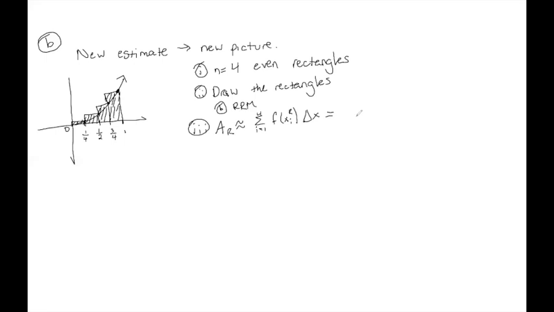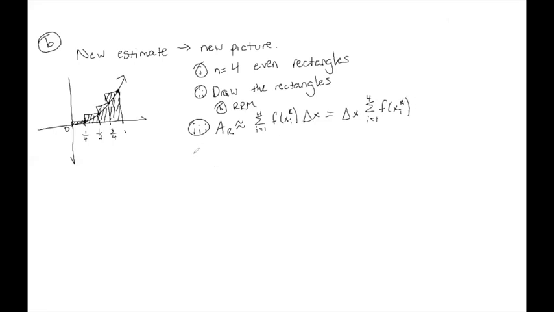Okay, and again, remember I can always pull out my delta x, so I can rewrite it like this. Equals delta x, sum i equals 1 to 4 of f of x sub i r.